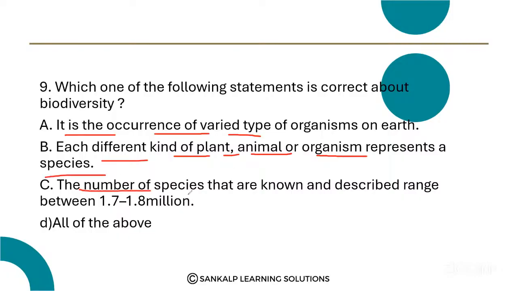The number of species that are known and described ranges between 1.7 to 1.8 million.